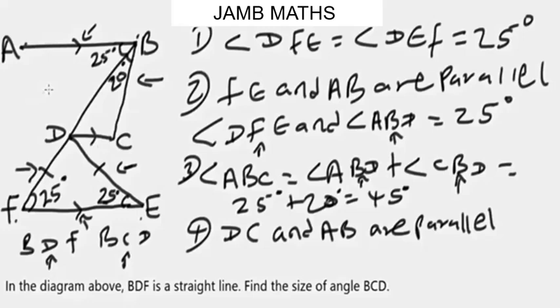Since they are parallel, if you observe again, you will notice that angle BCD and angle ABC are allied angles. So angle BCD, this is C, and angle ABC are allied angles.